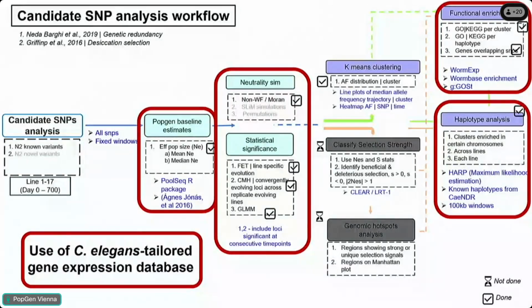Because what you usually do in enrichment analysis, you do a GO-term enrichment analysis, but this only allows you to identify functions that are conserved across organisms. Because GO-term databases will highlight functions that are conserved across many different species. And with that, you will actually miss some more specific functions that you only find in your organism. And the advantage in C. elegans is that there have been a lot more than 2,000 gene expression studies done under a variety of different conditions or in a variety of different mutants, different contexts, and so on.